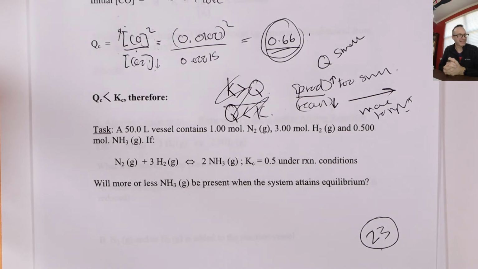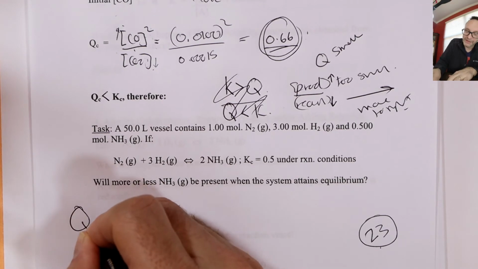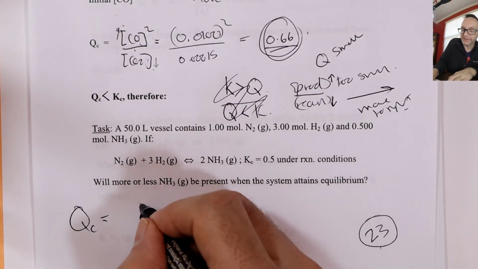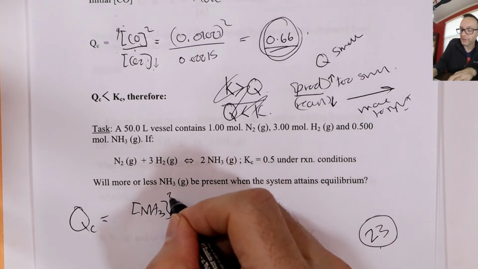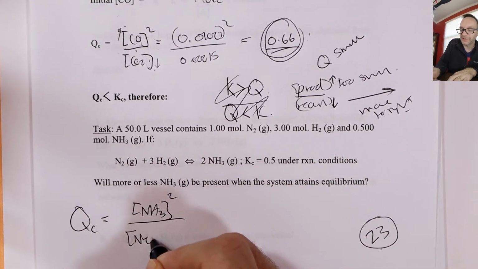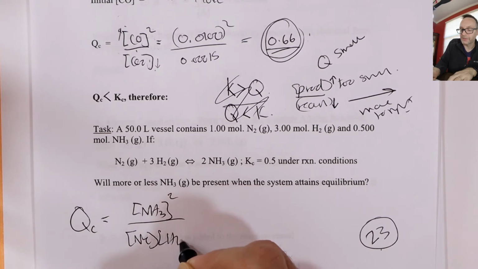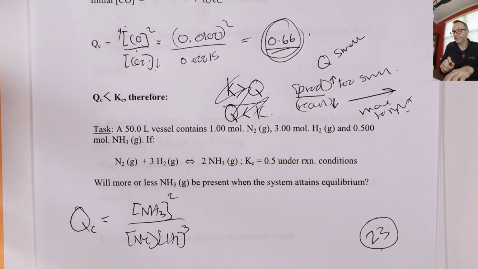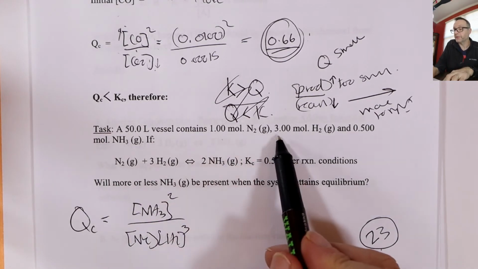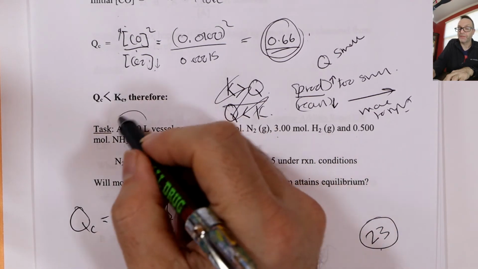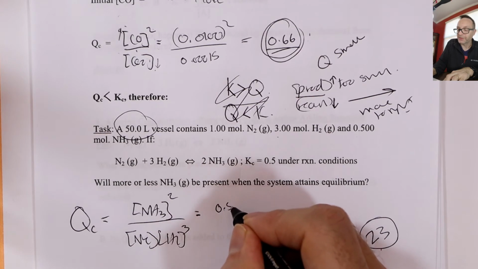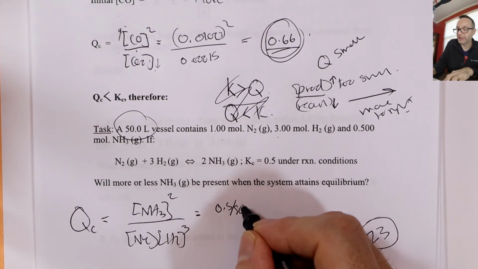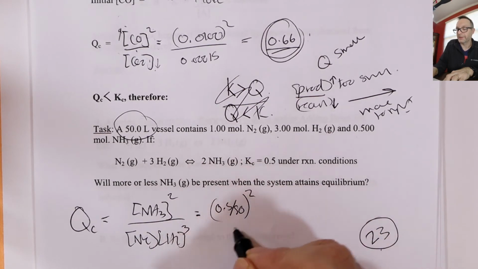You're back? All right, so let's do it. Q equals, for this one, products, so NH3 squared, over N2, H2 cubed. Careful: 1 mole, 3 moles, 0.5, in 50. So on the fly, I've got 0.5 moles of this, and I'm going to divide it by 50 to get moles per liter.